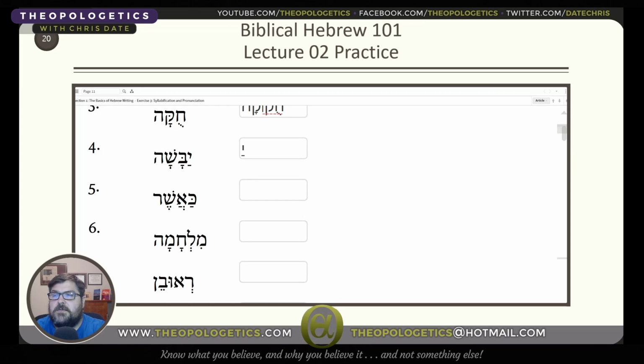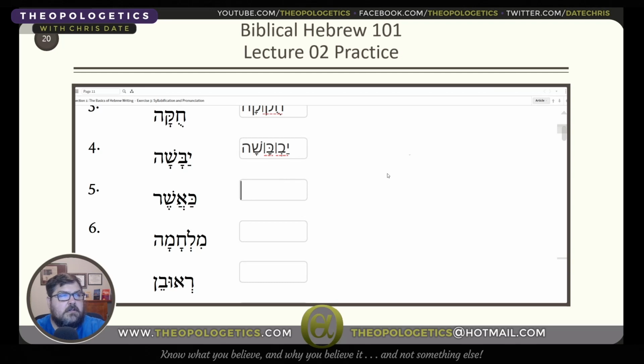It's dagesh forte if preceded by a vowel, right? So this is not at the beginning of a word, and it's preceded by a vowel sound rather than a consonant sound like a sheva. So we know this is a dagesh forte, and a dagesh forte doubles a consonant. So this is the syllable yav, followed by ba, and then sha. Yab ba sha.